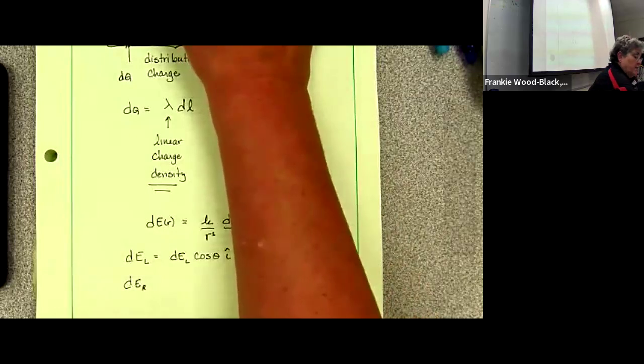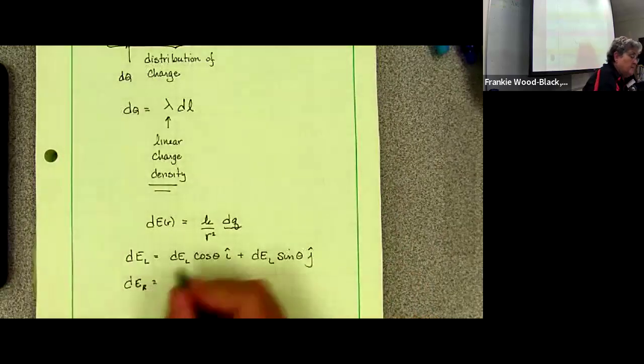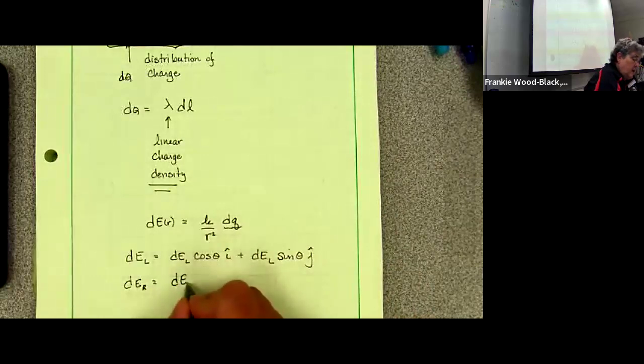If we go ahead and look at the right side, okay, this side goes this way, that side goes that way. We're going to do the right side, I get dE right cosine of the angle, and that's negative.